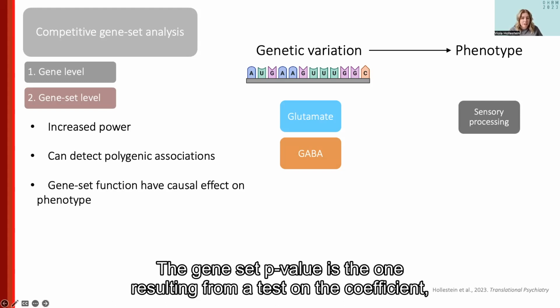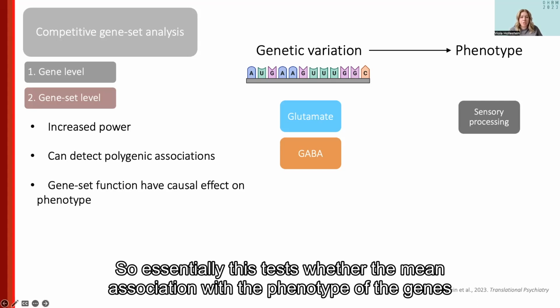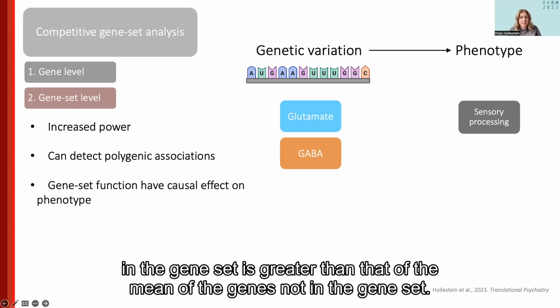The gene set p-value is the one resulting from a test on the coefficient, testing the null hypothesis against the one-sided alternative. So essentially, this tests whether the mean association with the phenotype of the genes in the gene set is greater than that of the mean of the genes not in the gene set.